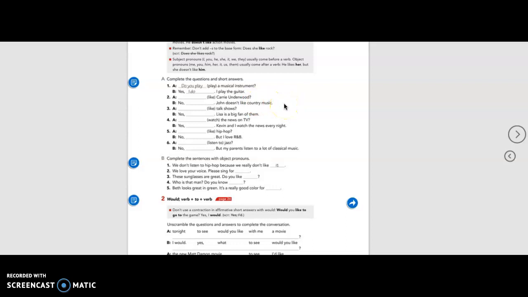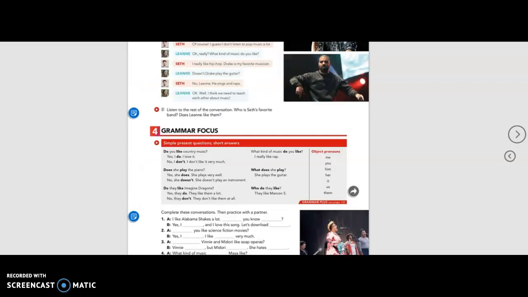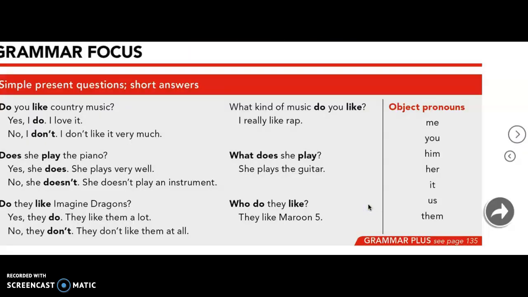I hope that helped you understand a little bit about the grammar point. Another part of the grammar point is the object pronouns. As you can see here in the chart, the object pronouns are on the right. These object pronouns correspond to the subject pronouns.